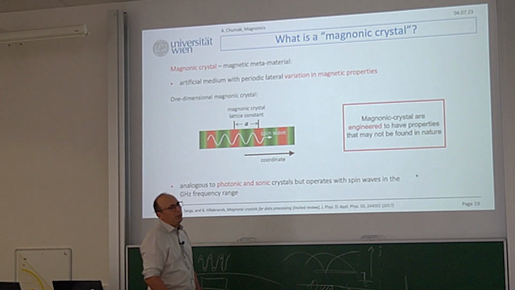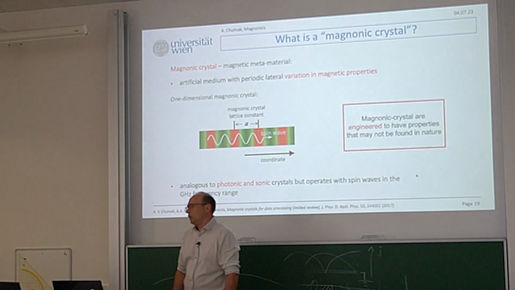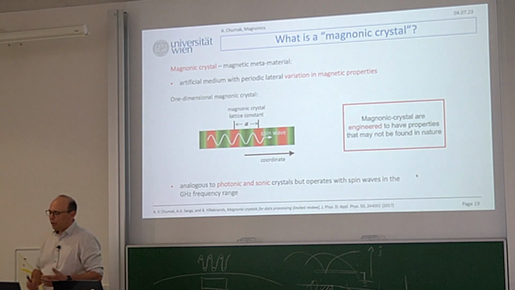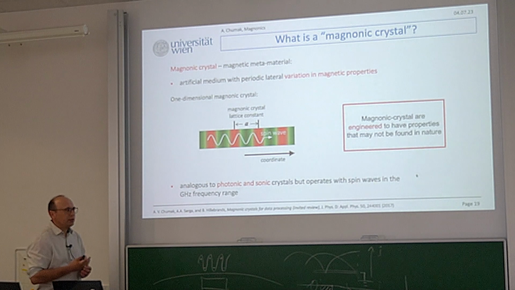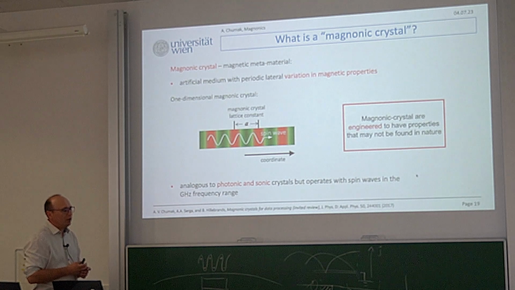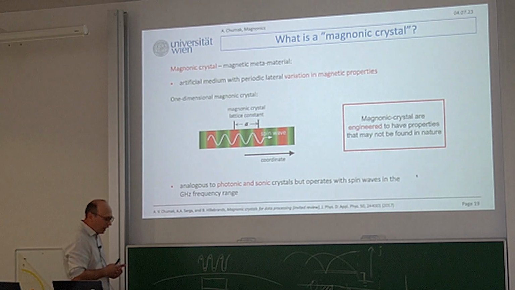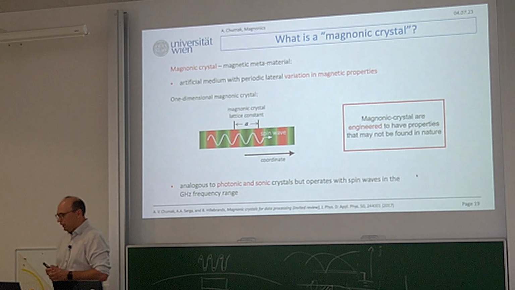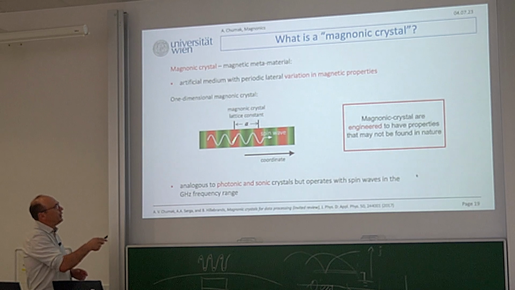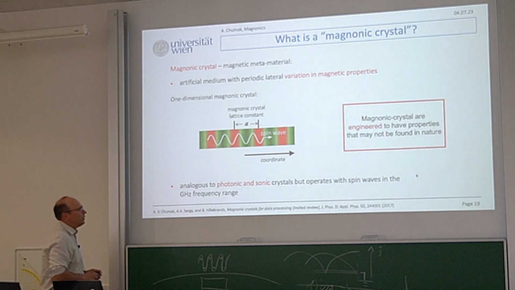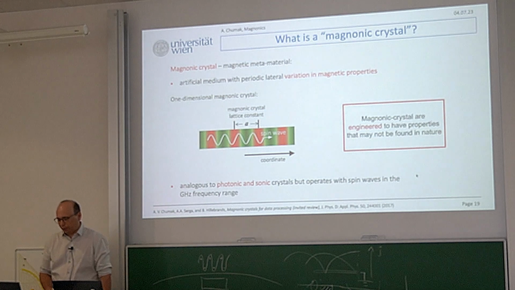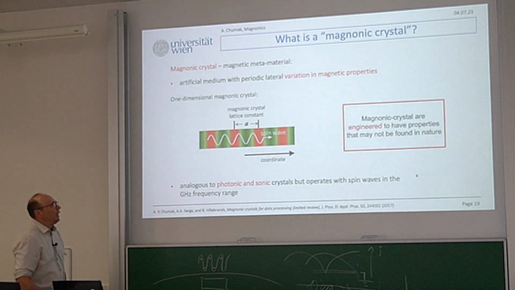So, the Bragg scattering phenomenon, and people moved the same idea to photonic crystals, but now the periodicity is not on the atomic scale, but on the scale of the wavelengths of your light. And then the same idea moved to magnetism in terms of the magnonic crystal, where again you just take any media and you change its properties periodically with the lattice constant a. So it's an analog of a photonic or sonic crystal. Sonic crystals, that's the phononic crystal, which I have shown, which is used in our devices.